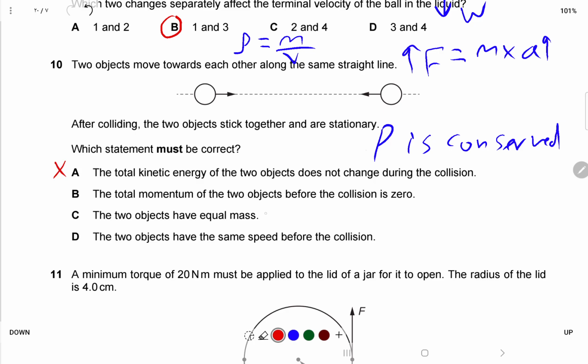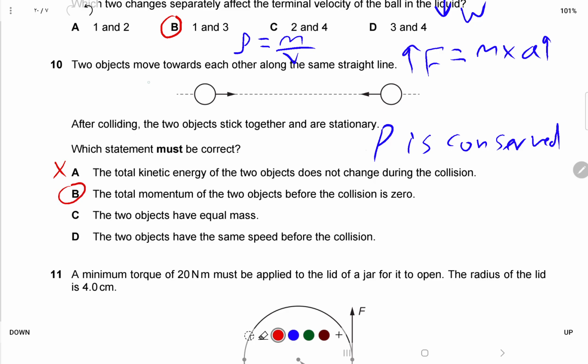The total momentum of the two objects before collision is 0. Because the momentum is conserved, the total momentum of the two objects before collision is 0. So this is the correct answer.